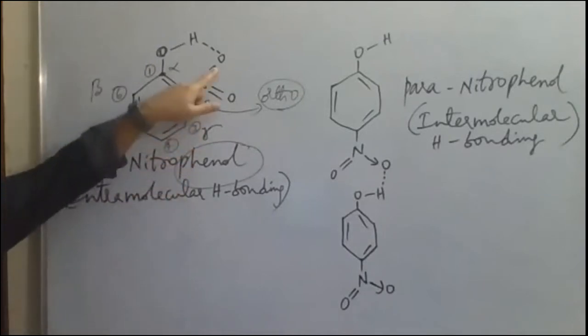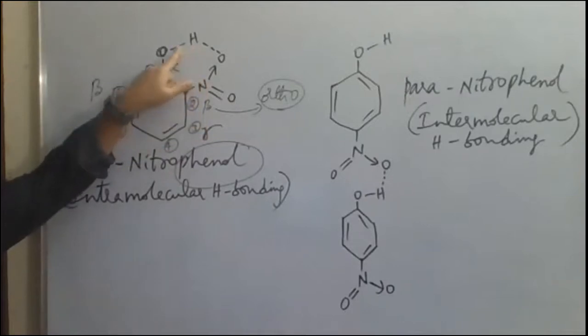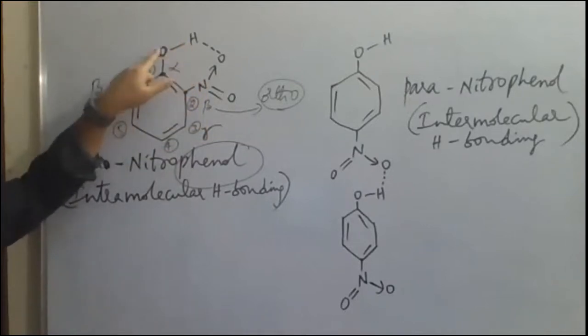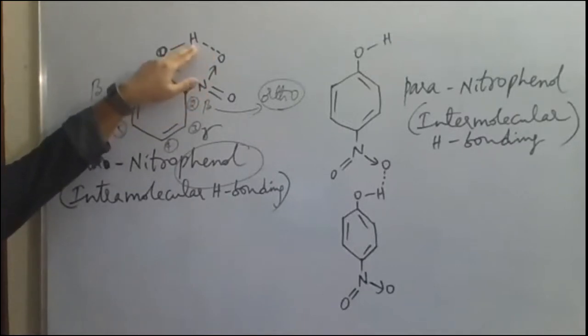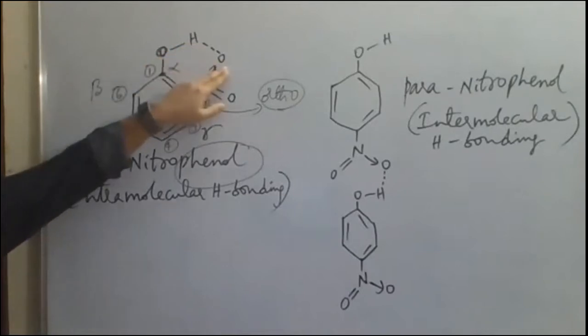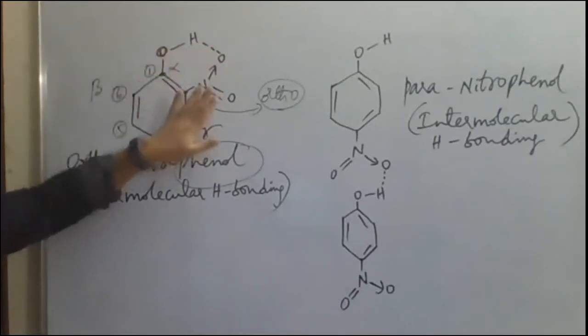So in this molecule, between the oxygen atom of the NO2 group and the hydrogen atom of the OH group, there will be hydrogen bonding. The three dots indicate hydrogen bonding between the hydrogen atom and the more electronegative oxygen atom. If you observe keenly, this is one and the same molecule. The NO2 group belongs to this molecule, and the OH group also belongs to this molecule. So hydrogen bonding is between the hydrogen and oxygen of the same molecule.